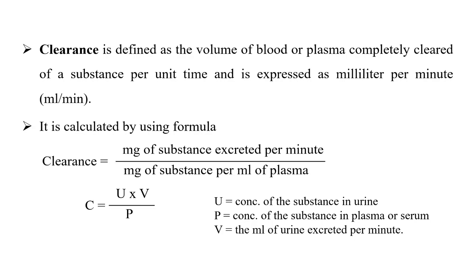This is calculated using the formula: milligrams of substance excreted per minute divided by milligrams of substance present per ml of plasma. The formula is C equal to U into V by P, where U is the concentration of substance in urine, P is the concentration of substance in plasma or serum, and V is the ml of urine excreted per minute.